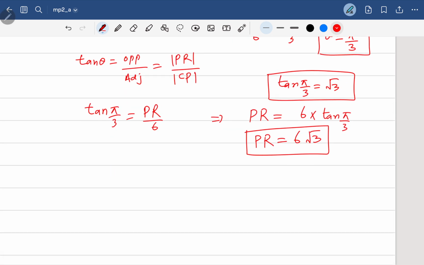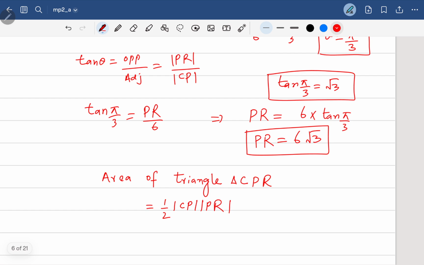So the area of the triangle should be half times the base, and the base is CP in the triangle, and the height is PR in the figure, right?